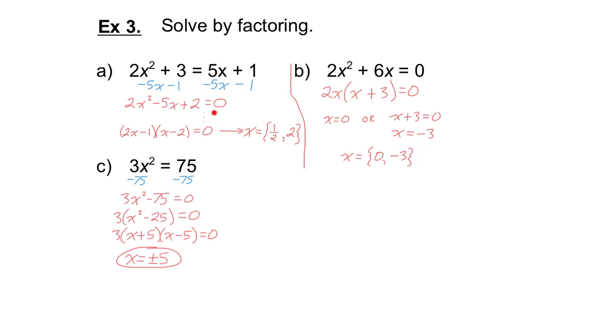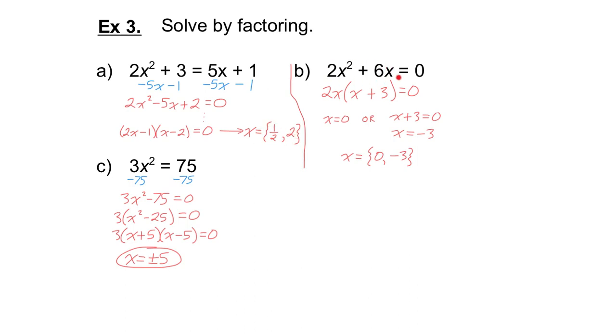I didn't show all my work here because I was afraid I was running out of room. But this is a complex trinomial, so I decompose the middle term, and this is what I end up with, the factored form. If 2x minus 1 equals 0, then 2x must equal 1, which means x must equal 1 over 2. And if x minus 2 equals 0, then x must be 2. So there's two possible answers for x.